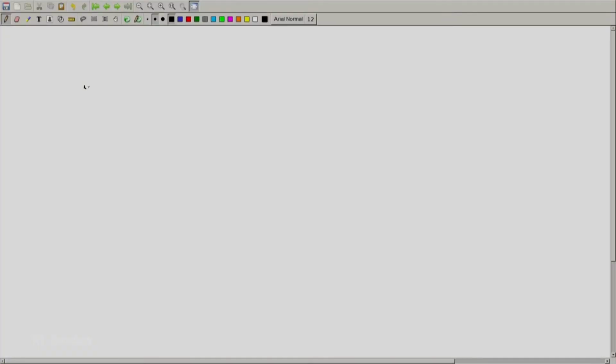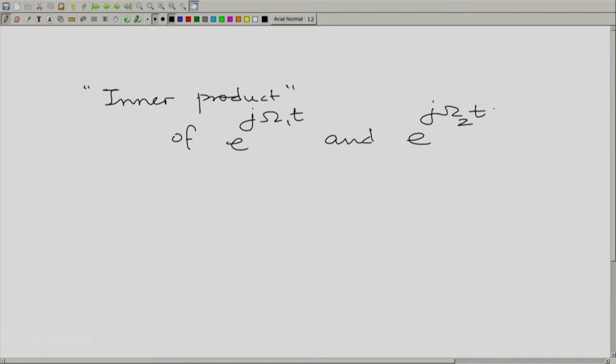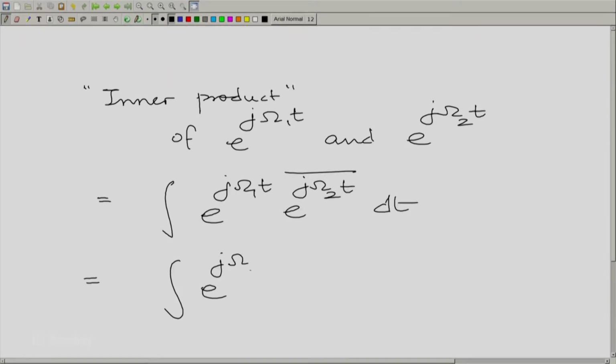And what we worked hard in the last session to show was that if I took two such phasors rotating with angular velocities of omega 1 and omega 2, these two phasors are orthogonal in the limit, and that orthogonality was in a slightly more generalized sense. What we showed in the previous session was that if I took the inner product of these two rotating phasors e raised to the power j omega 1 t and e raised to the power j omega 2 t, it would look something like this.